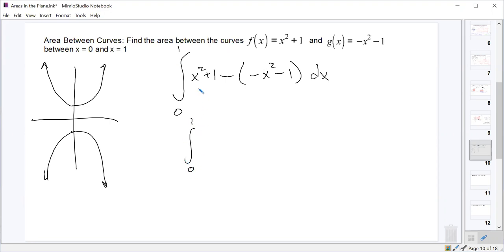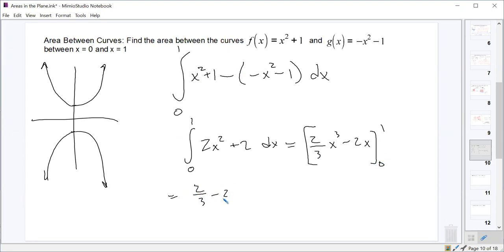And so we'll simplify down our integrand first. The integral from 0 to 1 of x squared minus negative x squared is 2x squared. And 1 minus negative 1 ought to be 2. And so we'll integrate this to become 2/3 x cubed plus 2x from 0 to 1.